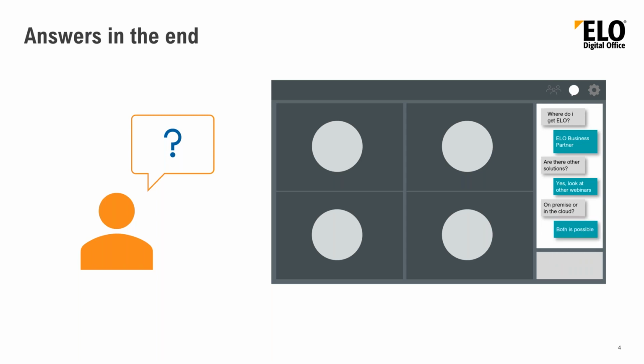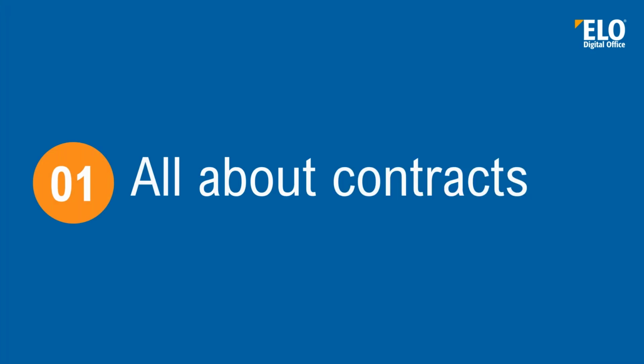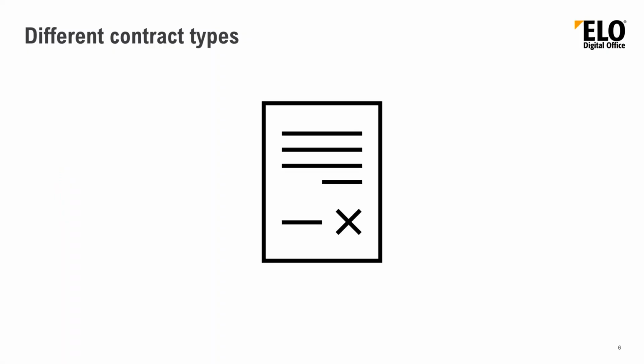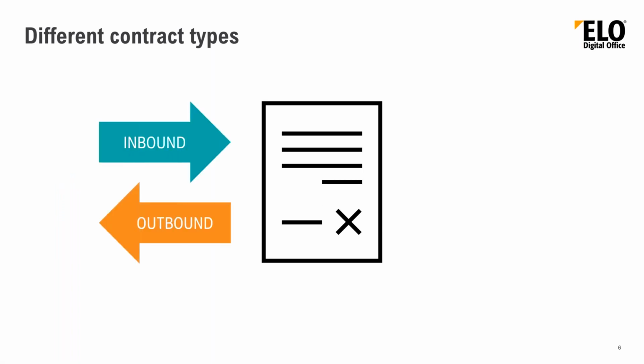So let's have a look on contracts, all about contracts. What is a contract? How many different types of contracts do we have? And more. So we have in our company different contract types. We have inbound contracts or outbound contracts. The outbound contracts we create, inbound contracts we get.